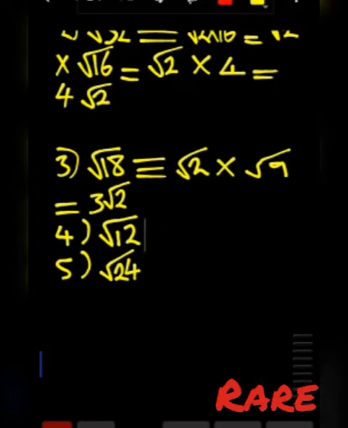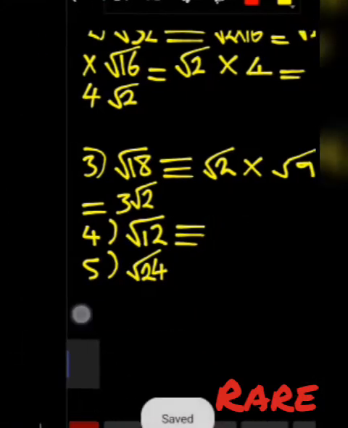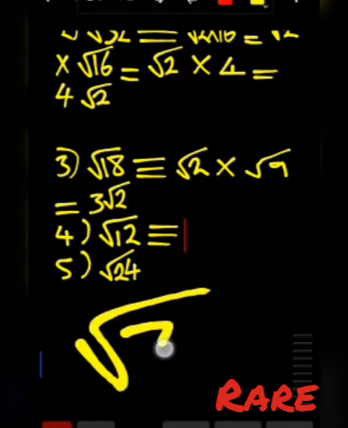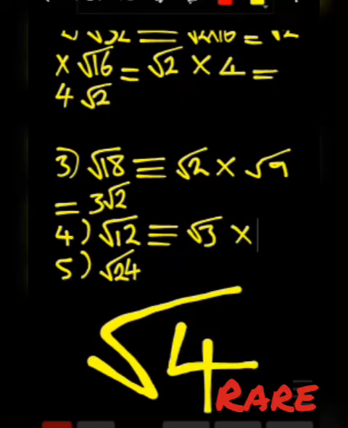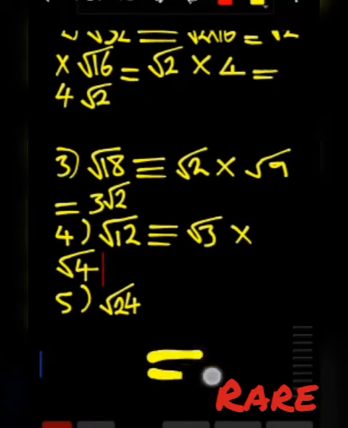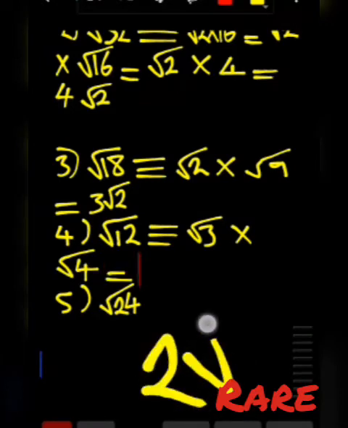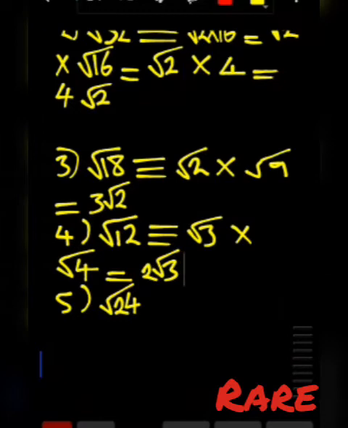Okay, let's do this one. How about 12? 12, this is equivalent to the root of 3 times the root of 4. So this is equal to 2 root 3. That's the answer. Let's do this one.